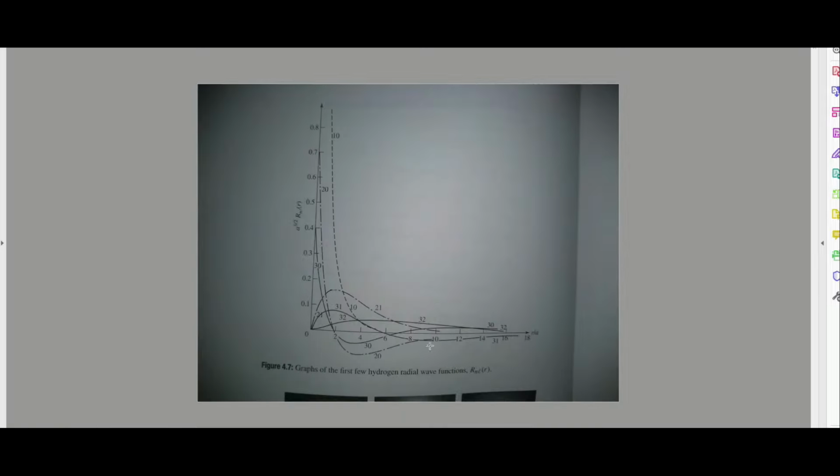We can see here the graphs of the hydrogen radial wave function. So these are from our Laguerre polynomials. And we can see that we end up with these, so 0 here would be the nucleus of the atom.